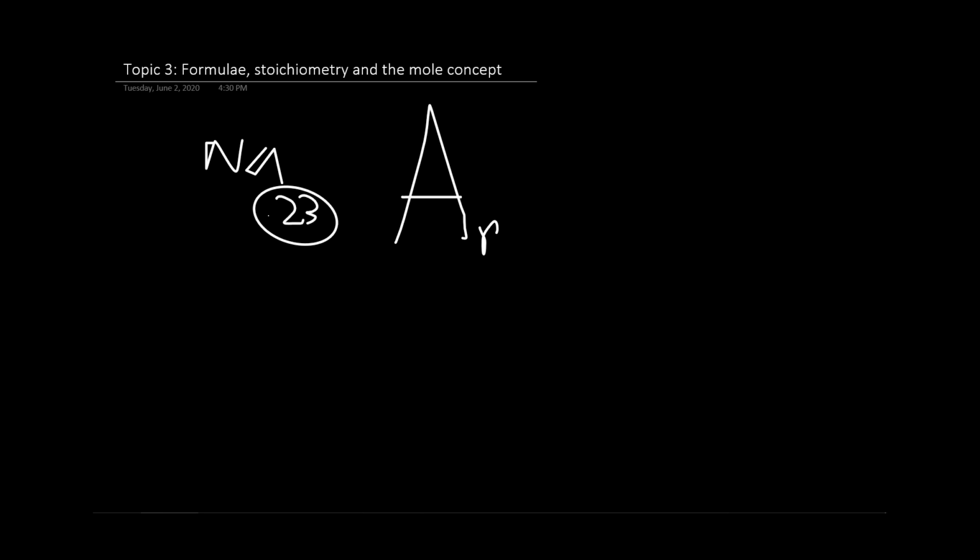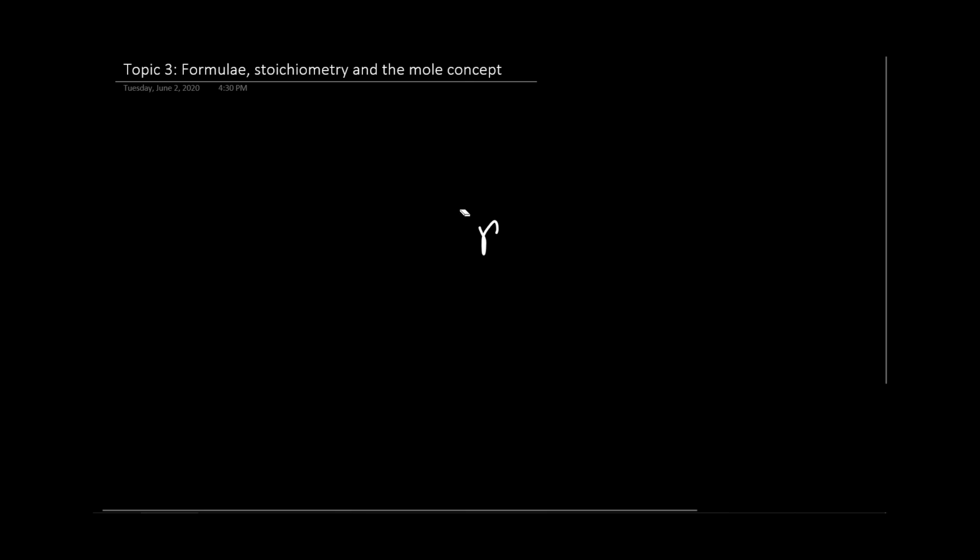Let me go through that again: relative atomic mass is the average mass of an atom of an element compared to 1/12 of the mass of a carbon 12 isotope. That's pretty straightforward. So let's move to our new concepts we're supposed to cover today.